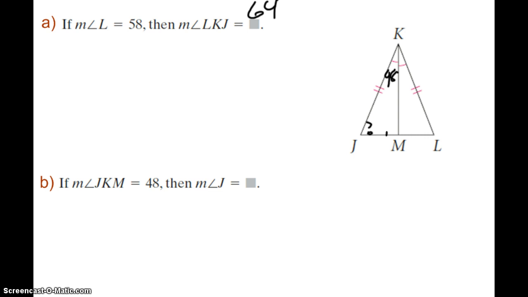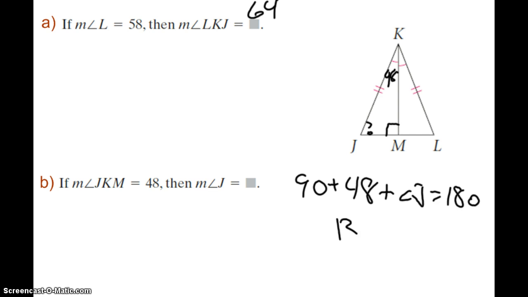We already know that that's a perpendicular bisector, so we know that's 90. So we have 90 plus 48 plus angle J is 180. And we solve for angle J, so we got 138 plus angle J is 180. We subtract there, we get angle J is going to be 42.